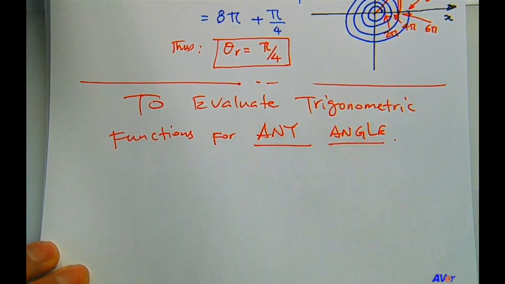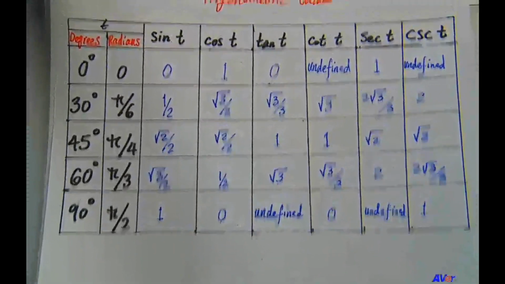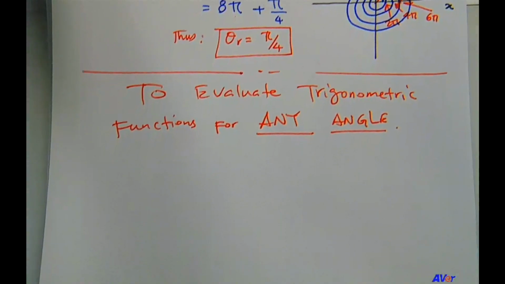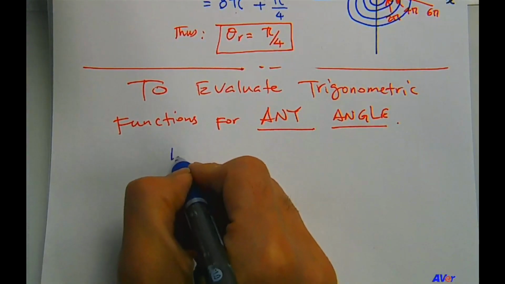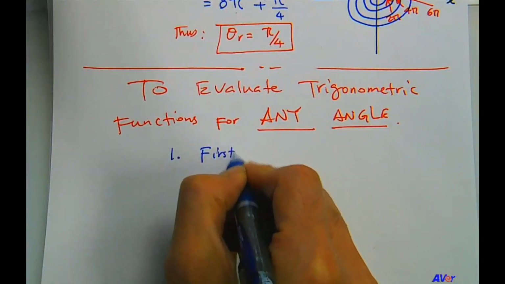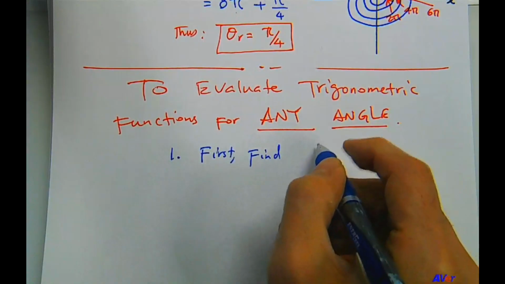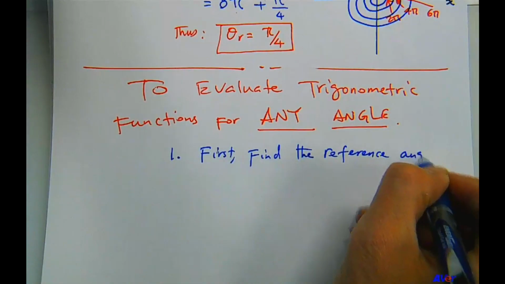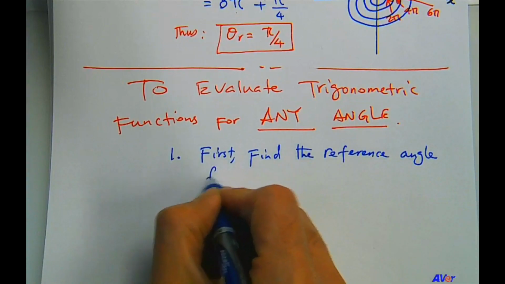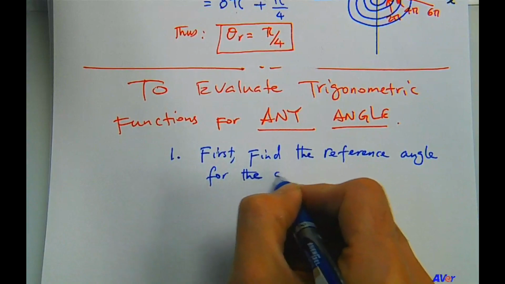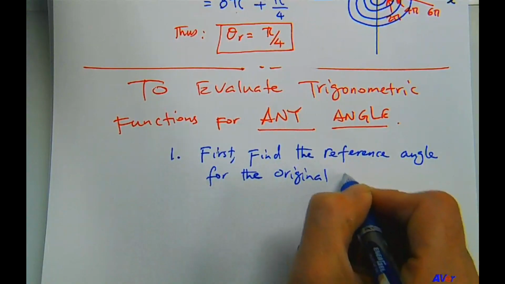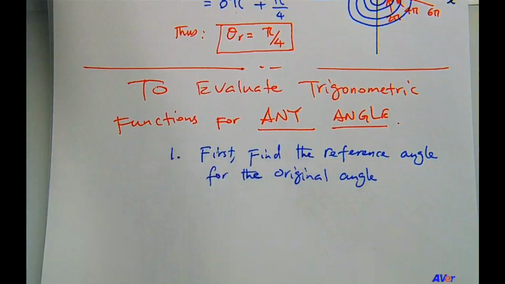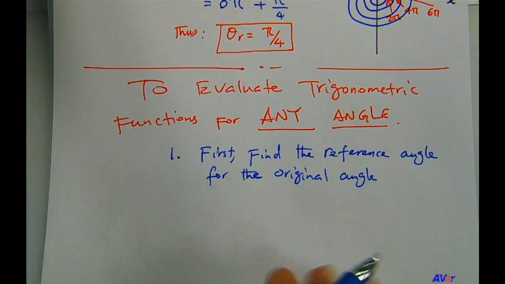Any angle, not just these special values, this is what we do. First, find the reference angle for the original angle, like what we did, 135, negative 210, 810, and so on. So first find the reference angle.